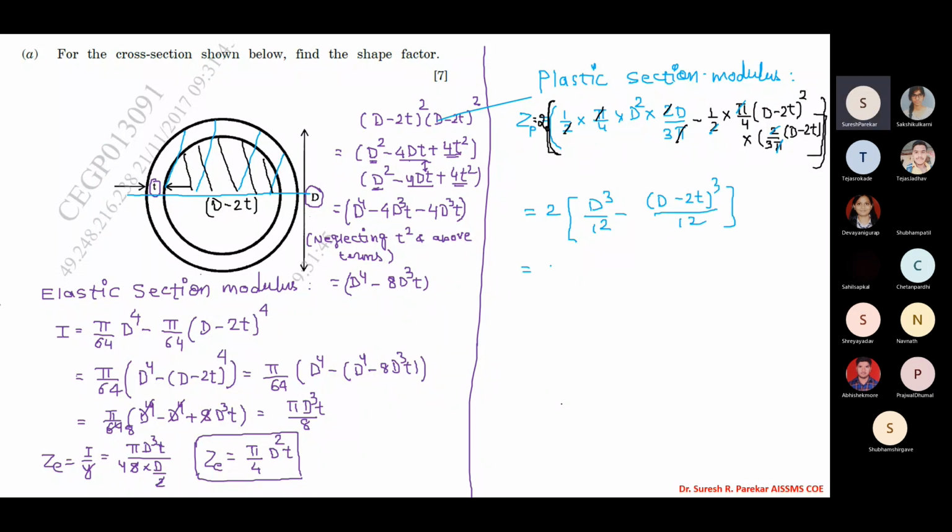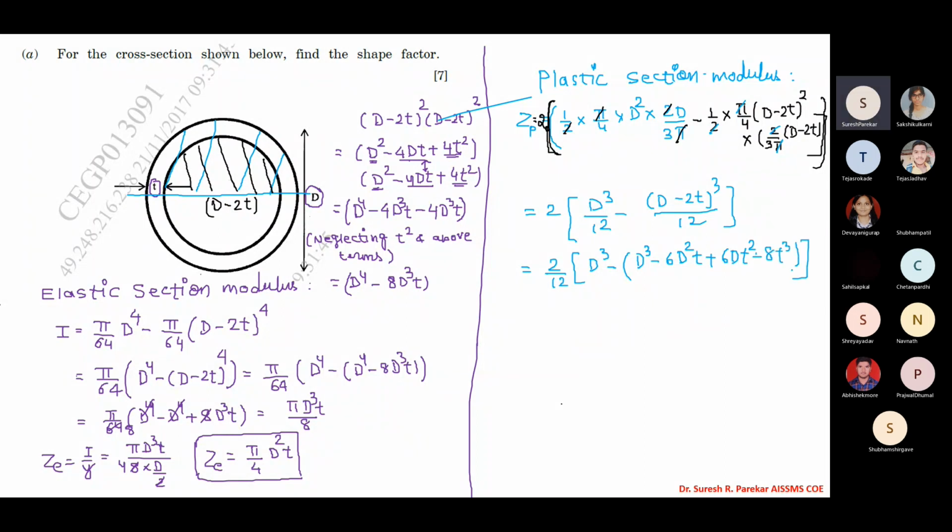And then we have equal to 2 in bracket, 12 we will take outside, in bracket d cube minus 6d square t plus 6 dt square minus 8t cube.